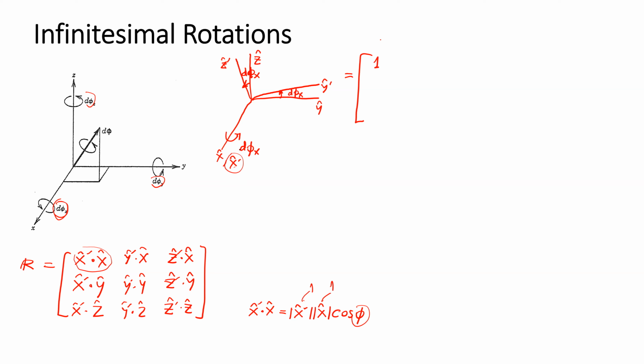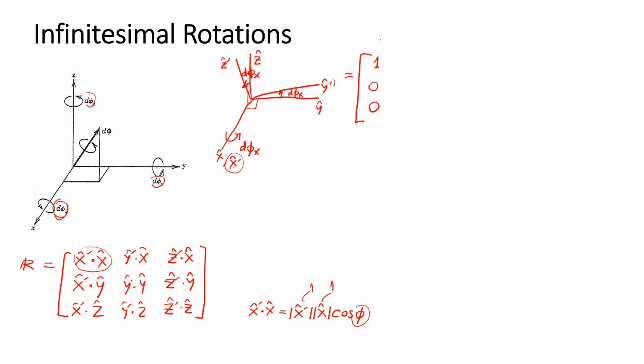x prime makes 90 degrees with y and 90 degrees with z, so cosine 90 is 0 and 0.